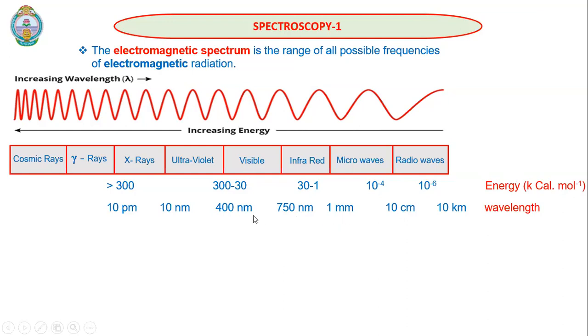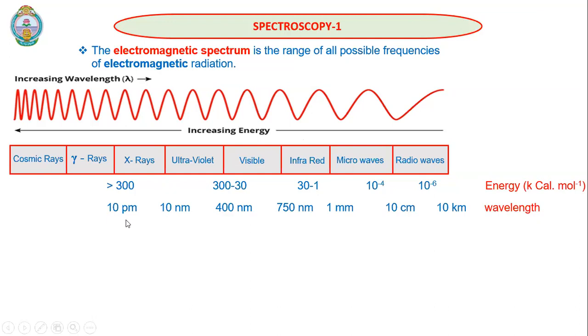Visible radiation ranges from 400 nanometers to 750 nanometers, or in general, we can also say 800 nanometers. Ultraviolet light ranges from 10 nanometers to 400 nanometers. Generally it will be 1, but we will consider 10 nanometers to 400 nanometers.